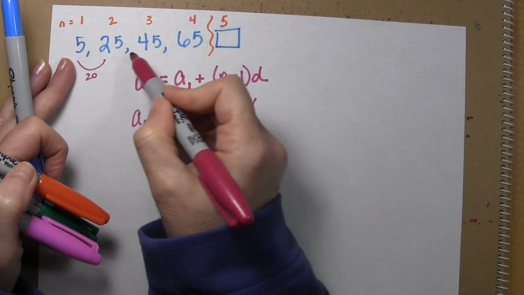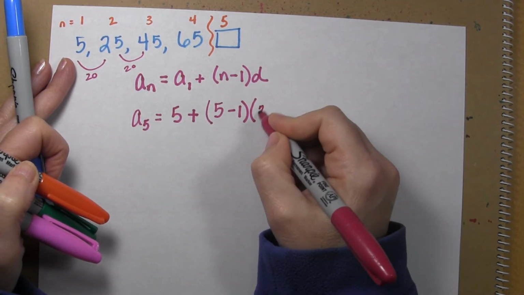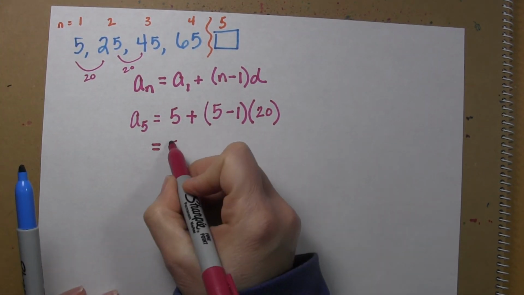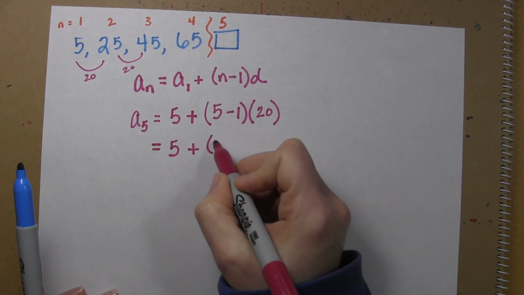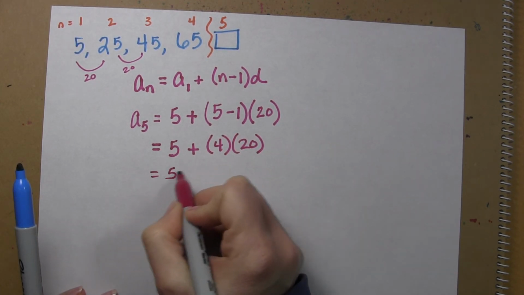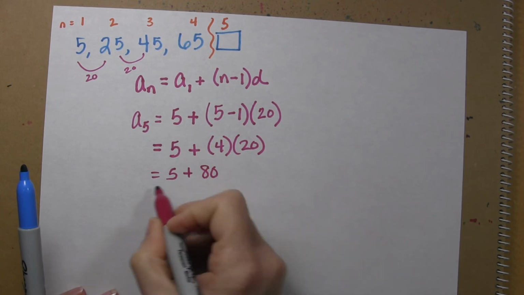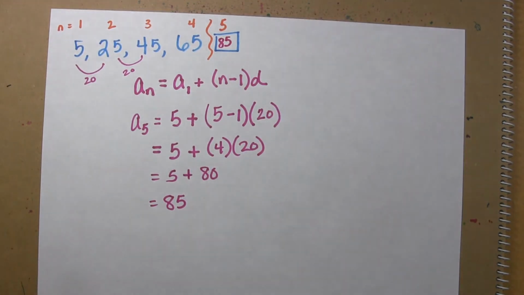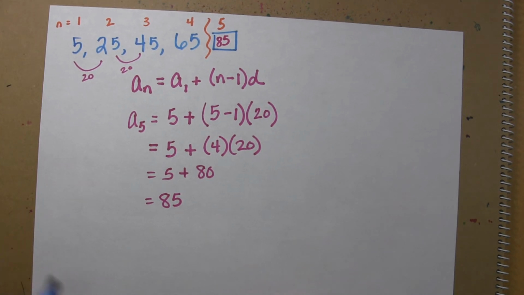Well, our d is 20, right? Because these are all 20 apart, times 20. So our fifth term would be 5 plus 4 times 20, which is 5 plus 80, which is 85. So we know that our fifth term is 85. Ta-da! Isn't that great?